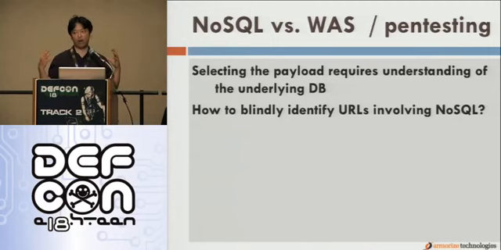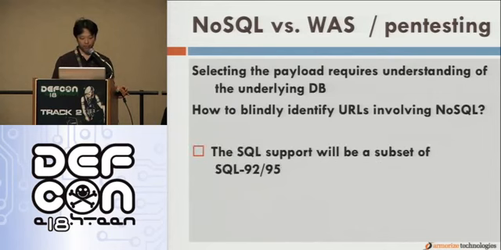When you're a web scanner or a pen tester, you go onto a website and see a URL. How do you know what's behind this URL? Are there SQL databases or NoSQL databases? And if there are NoSQL databases, what set of payloads are you going to fire against that URL? Are you going to fire JSON manipulation or JavaScript injection, or traditional SQL injection attacks? Well, there are ways to find this out.